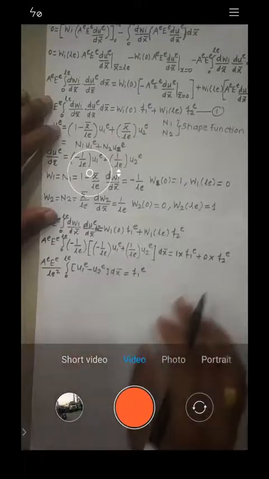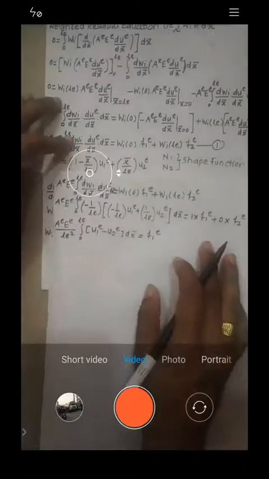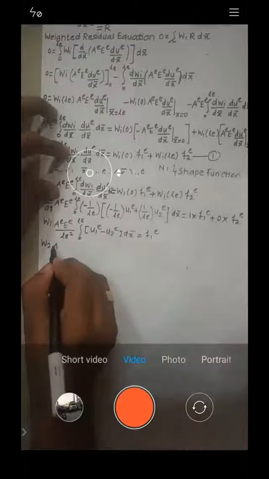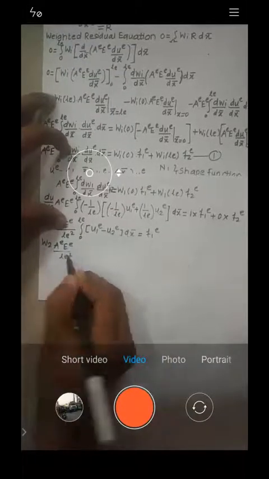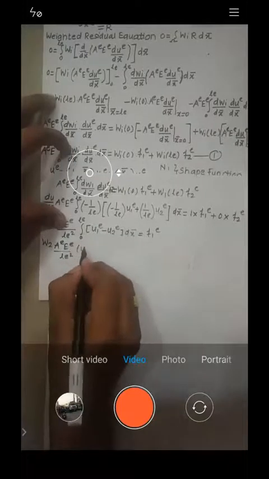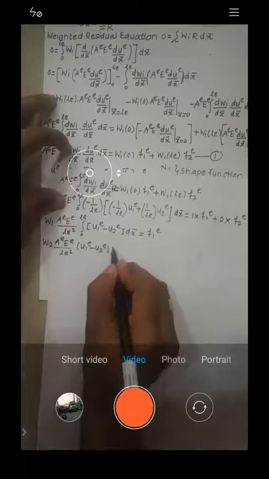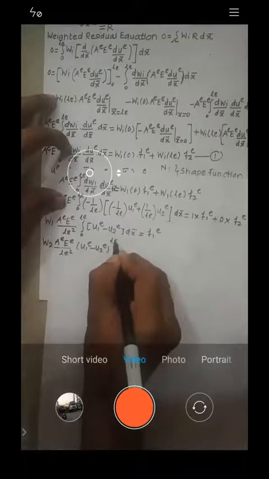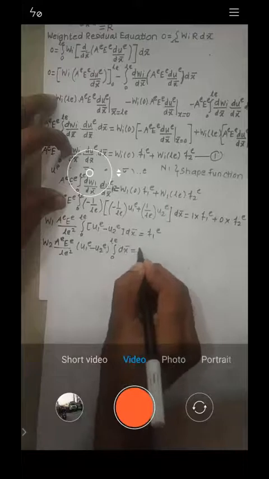So this is minus U2E. Understood? Okay. So see here it is AE, EE by LE square, right? And this U1E minus U2E again will come out of the integration. What is remaining? It's 0 to LE dx bar is equal to F1E.